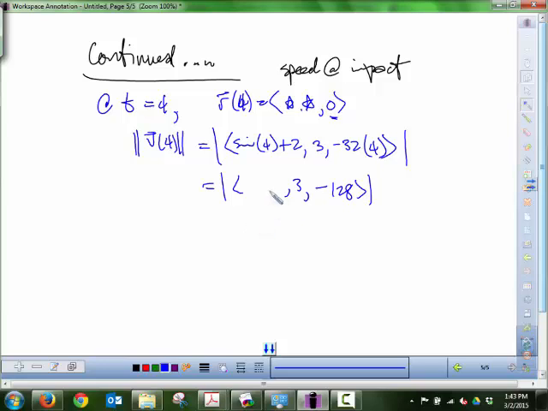Anybody? Say it again? 1.24. So we'll just do this business. 1.24 quantity squared plus 3 squared plus 128 squared. And then whatever that turns out to be will be your speed after you take the square root.